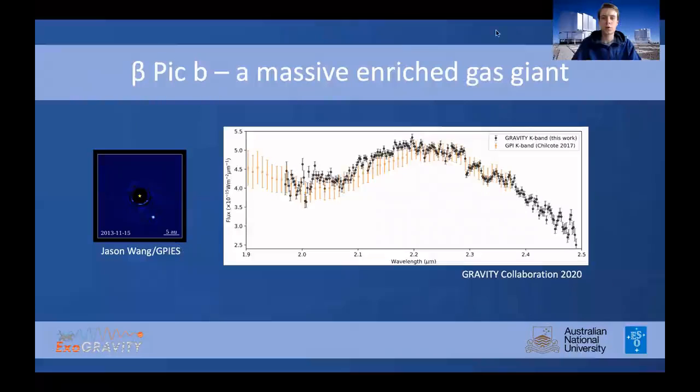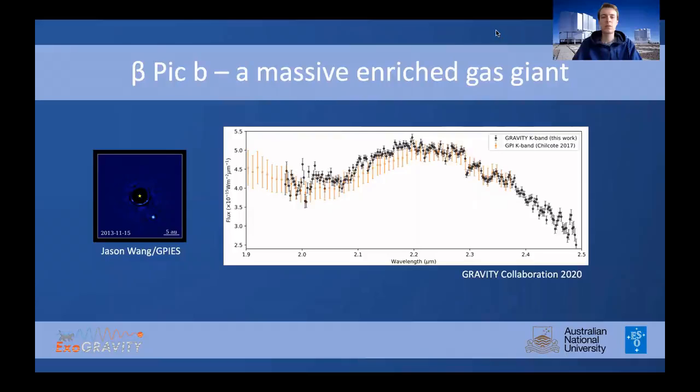Let's start with the famous directly imaged gas giant Beta Pictoris b, which is about 23 million years young and only 20 parsec away, which makes it an ideal target for atmospheric characterization. By combining the light of the 4 UTs at Paranal, we were able to measure a K-band spectrum of this planet at a spectral resolution of 500.